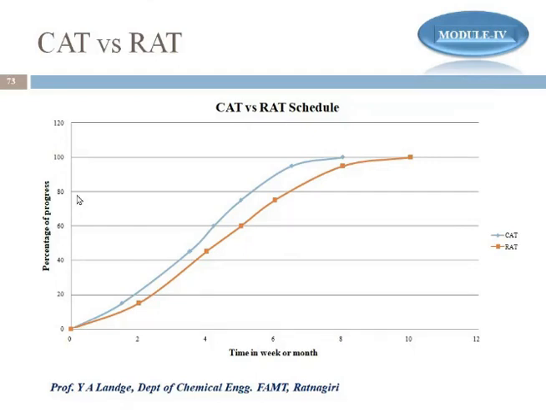Now we know that we have to complete the project within 10 months, and these are the milestones for it: first 2 months, then 4, 6, 8 and 10. And this CAT again represents the main milestones of it.